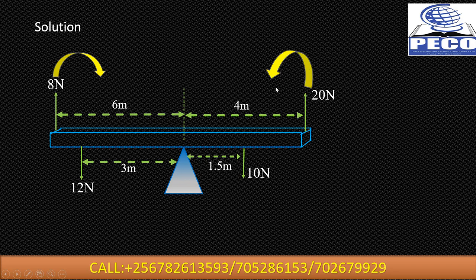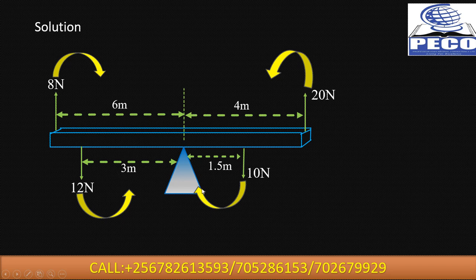And which direction is this? Anti-clockwise. 12 newtons makes it turn anti-clockwise, and lastly 10 newtons makes it turn in a clockwise direction. So the 8 and the 10 newtons give clockwise direction, and the 12 and the 20 newton forces give anti-clockwise direction.